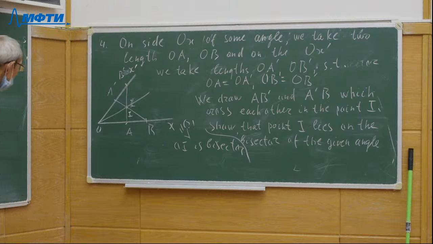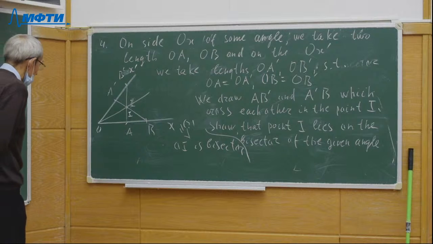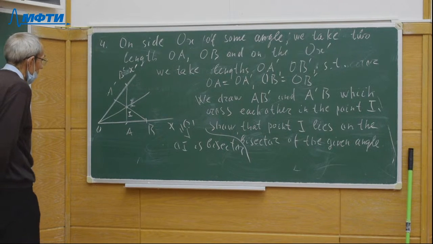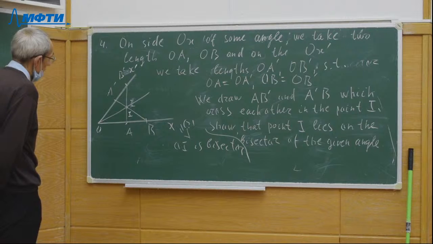B prime A and B prime B are diagonals of the shape. What the intersection would be.